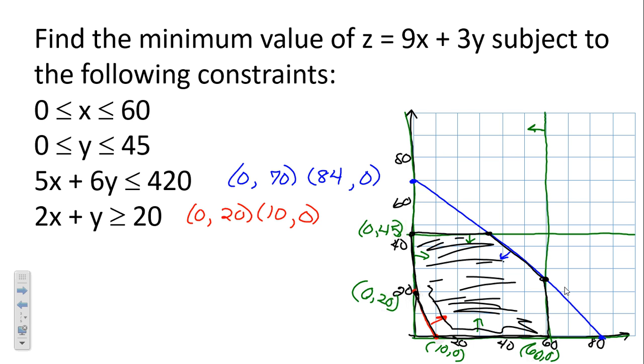When x was 60, we crossed our blue line. So when we put 60 in for x, 5 times 60 is 300. So 420 minus 300 is 120. 120 divided by 6 is 20, right? So when x was 60, y was 20.